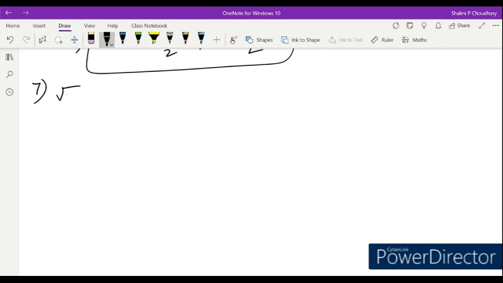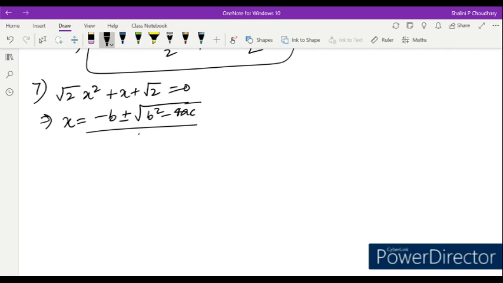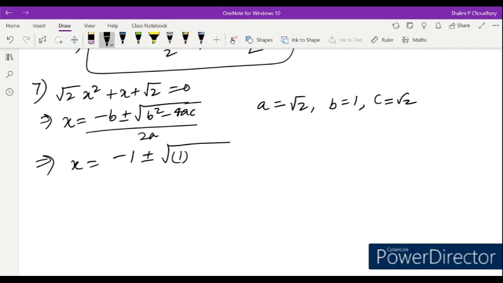Okay, question 7: square root of 2 x square plus x plus square root of 2 is equal to 0. x will be equal to minus b plus minus square root of b square minus 4ac divided by 2a. a का value is square root of 2, b का value is 1 and c का value is square root of 2. Now we'll put the value of a, b and c. So minus b plus minus square root of b square मतलब 1 का square minus 4 into a into c, okay, divided by 2 into a.